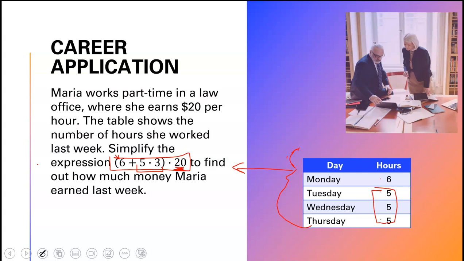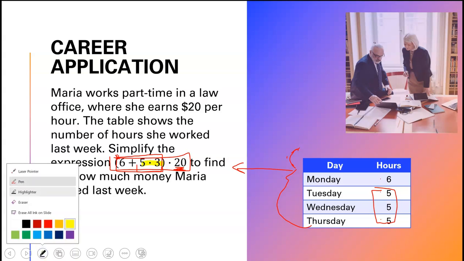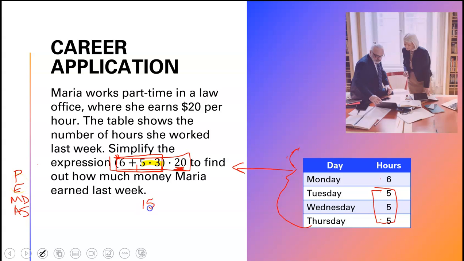Thankfully, in this word problem, they gave us the expression, and we just simply have to evaluate it or solve it. Okay. Using PEMDAS, we see parentheses right away. We're going to work within those parentheses to figure out how many total hours she worked that week. Looking within those parentheses, 6 plus 5 times 3. Let's go ahead and do the multiplication first. 5 times 3 and get 15.